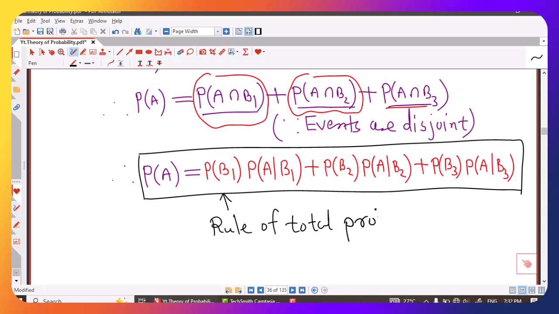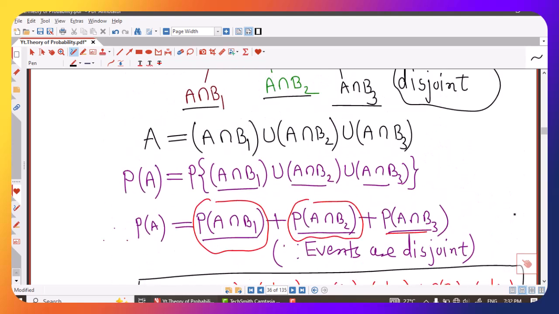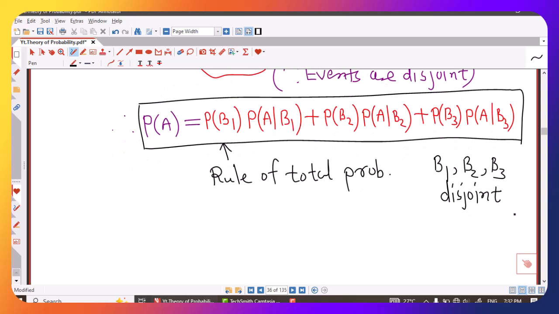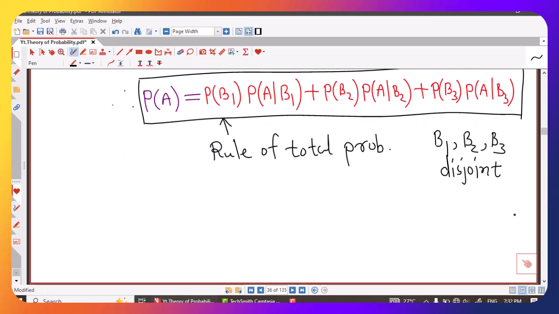So in the total probability rule, we have three events B1, B2, B3 which are mutually exclusive and their union is the whole sample space. So sometimes we will require the rule of total probability to find out the probability of this type of event A.